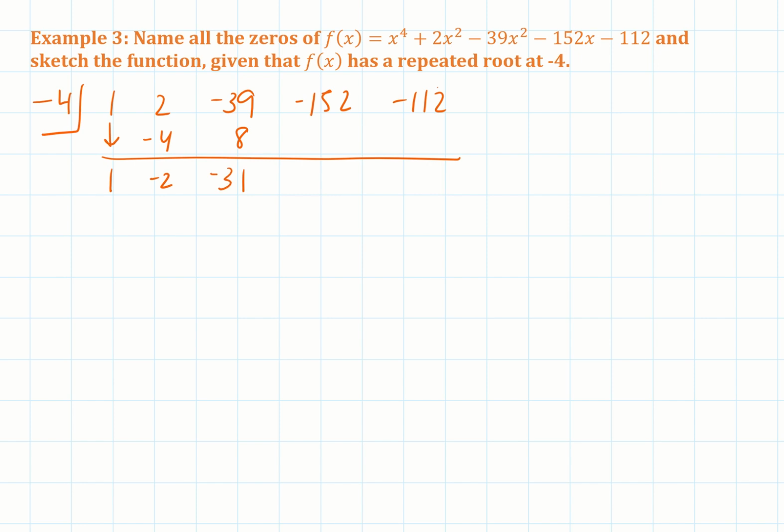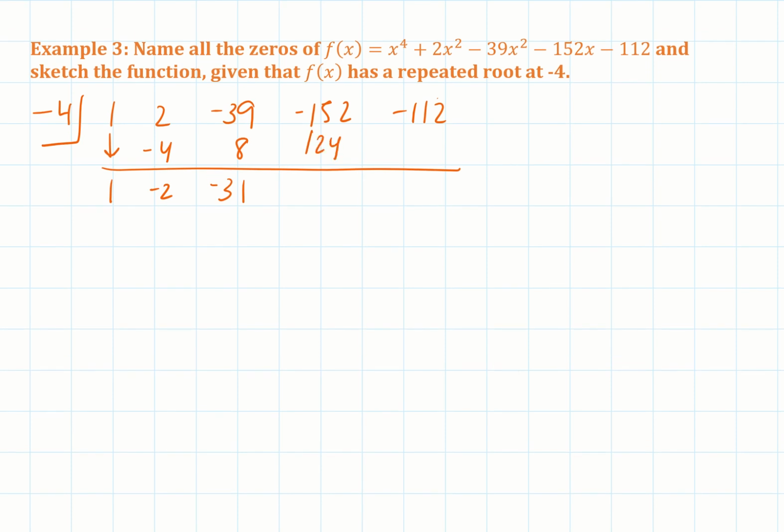Let's see, negative 4 times negative 31 is 124, plus negative 152 is negative 28, times negative 4, you guessed it, is 112. And because they said it's a repeated root, I'm going to do synthetic division again with the same value.